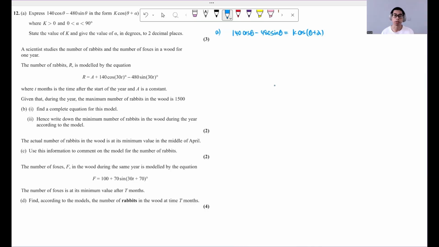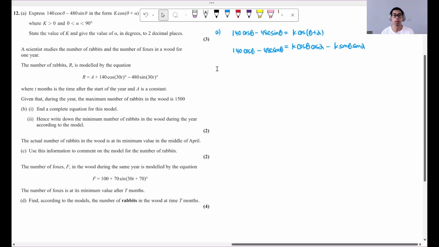If we expand it out using the addition formula, that should be k cos theta cos alpha minus k sin theta sin alpha, and that is equal to 140 cos theta minus 480 sin theta. If those two are equal, we can compare the coefficients.